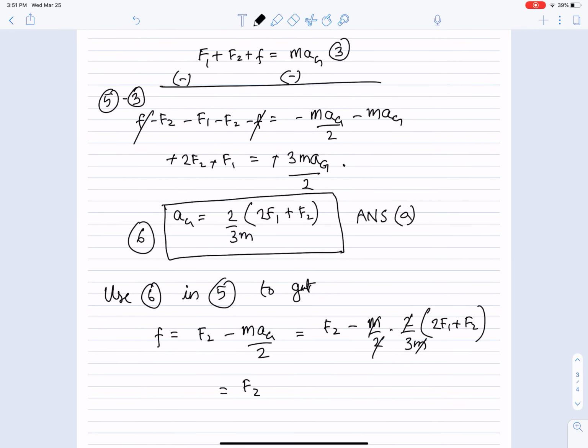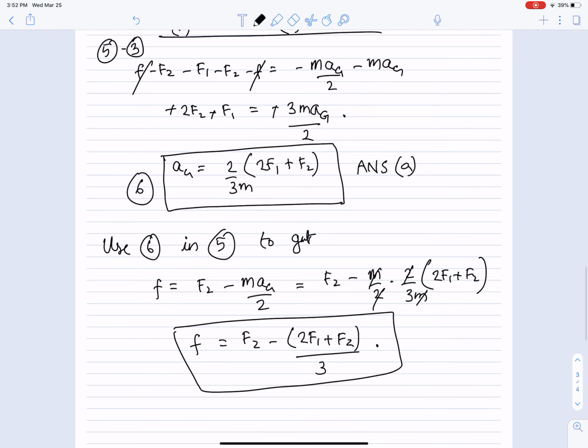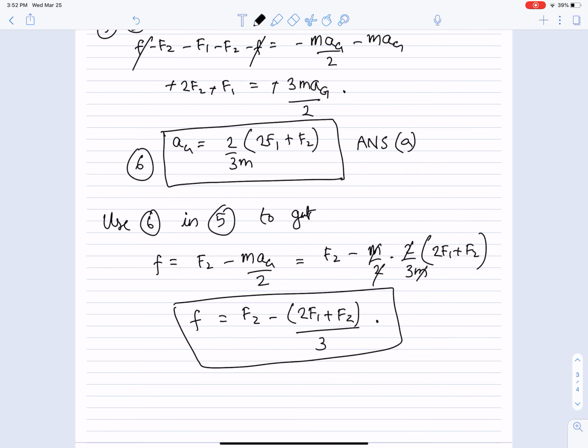So we have this expression. Okay, so that's the friction force, which is some expression involving all the other forces on the object. That's the friction force, and that's the acceleration, and the angular acceleration alpha if we need it.